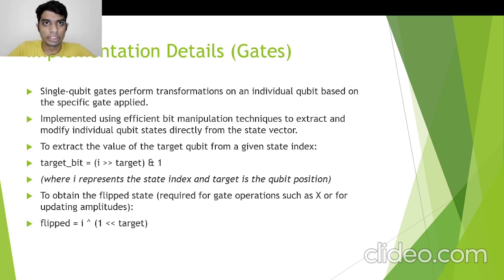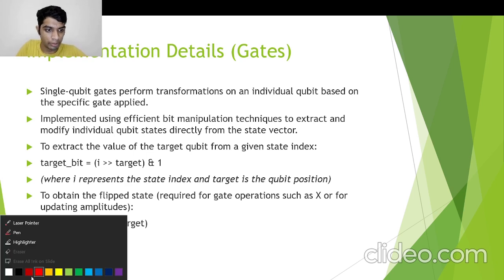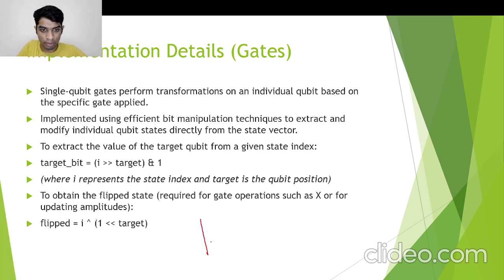First and foremost, single qubit gates are implemented. Single qubit gates are applied to a single qubit in a state of a state vector. Let's say for a 3 qubit state vector, we have to apply a single qubit gate on the second qubit. Let's take an example of 1, 0, 1. Here, this is the second qubit.